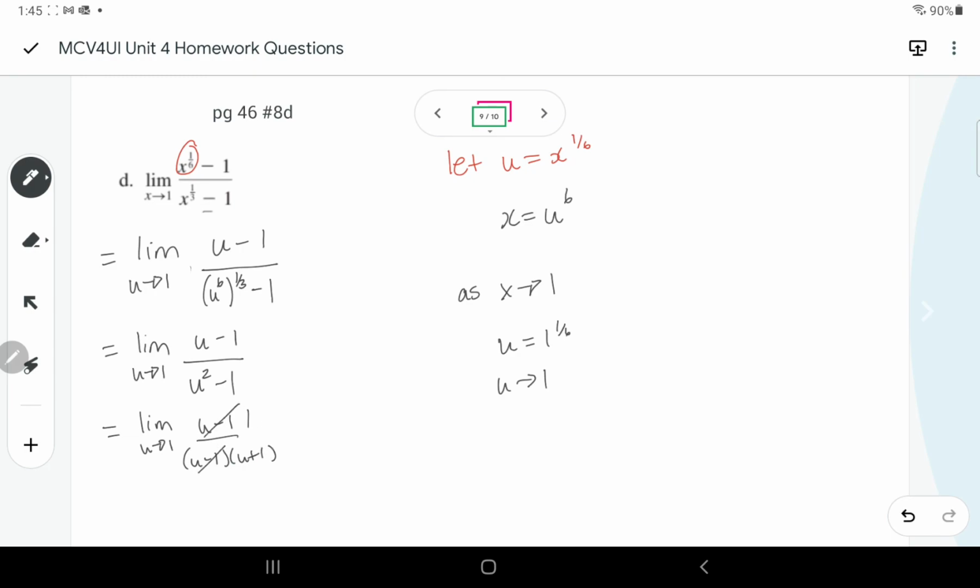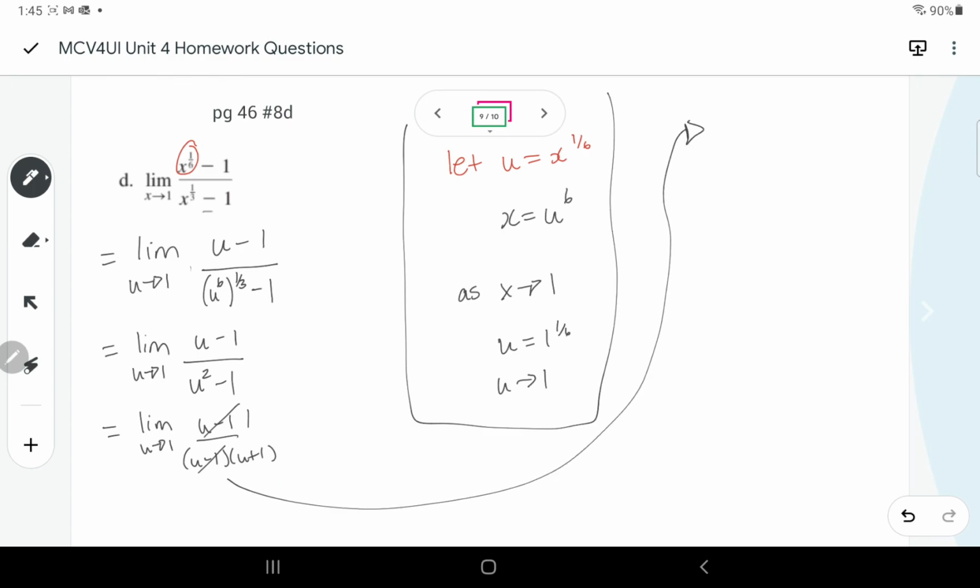That will reduce, and you've got a 1 on top. So I kind of put that right in the middle, and I will need a bit more space. So I have the limit as u approaches 1 of 1 over u plus 1. Now I can just drop that, and it's 1 over 1 plus 1, or 1/2.